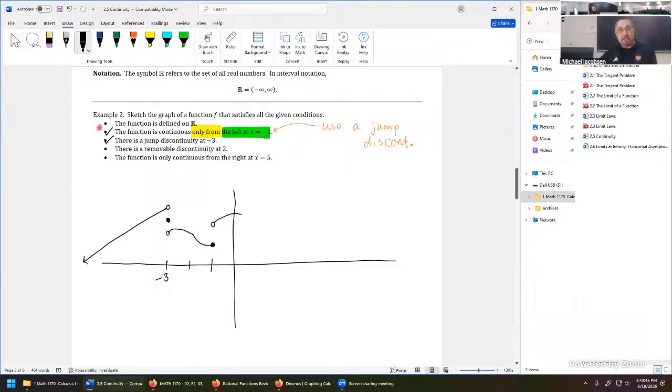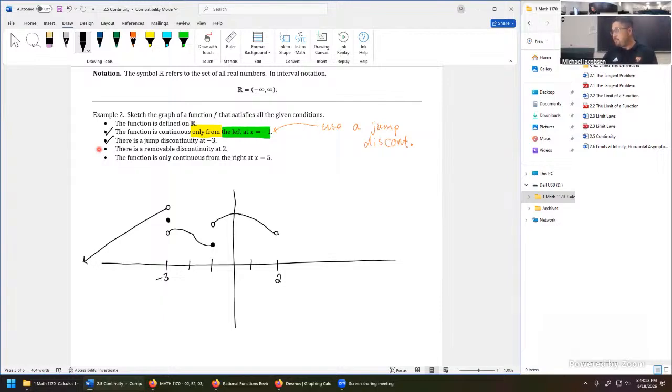All right, so we have our single-sided continuity from the left. We have the jump discontinuity. Now we need a removable discontinuity at 2. So for removable, let's go 1, 2. The idea for removable is it's very close to being continuous, but there is a 1-point problem. We want to put in an open circle right at 2.